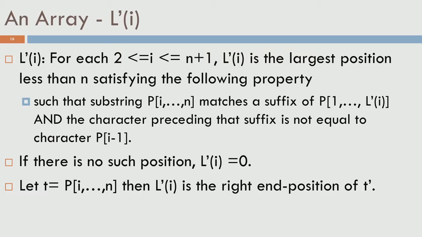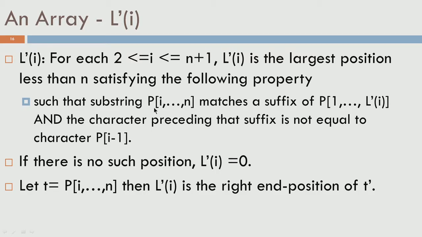So, one of the data structures is that we maintain an array which we call L prime of I, and let us just look at what L prime of I is. L prime of I is the largest position smaller than the length of the pattern n, which satisfies the following property.